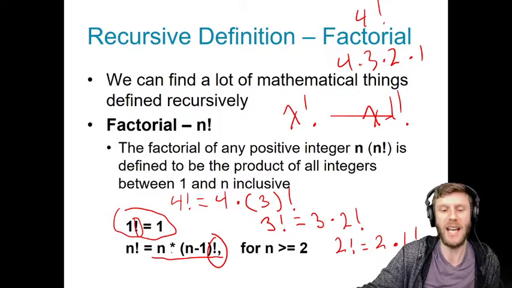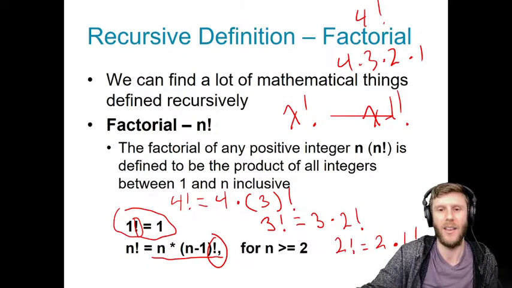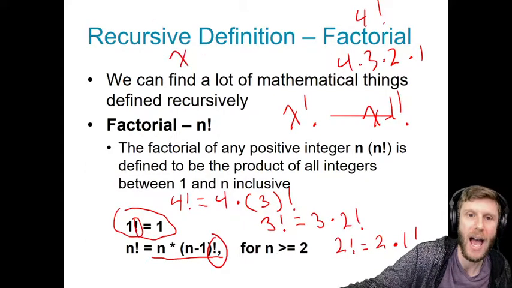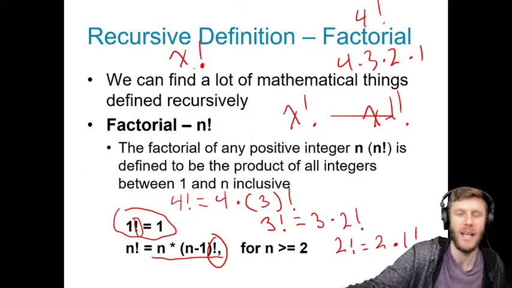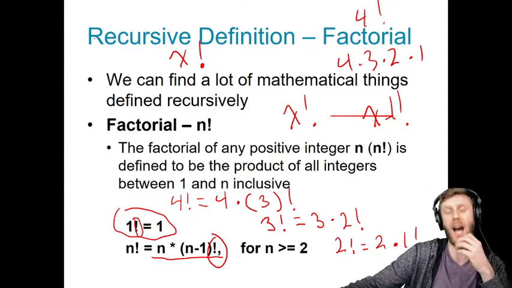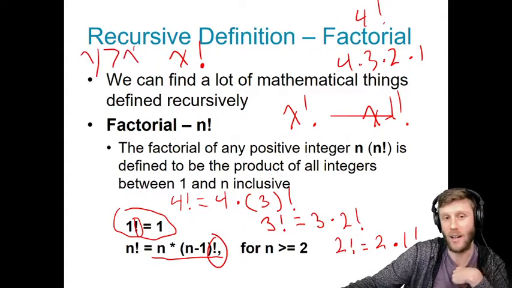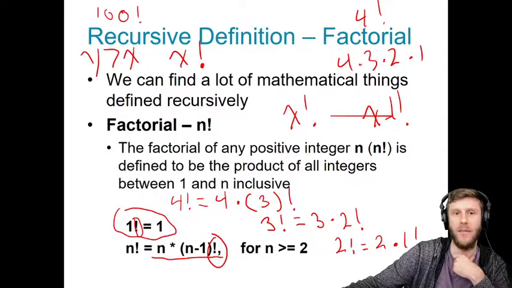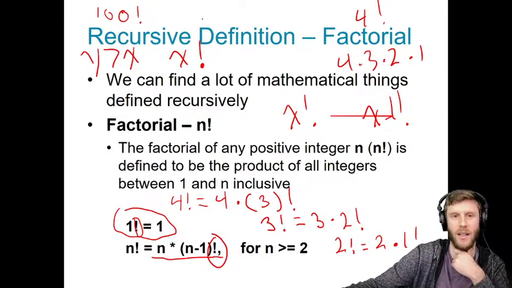But you'll notice that x factorial is something we have to answer for any number, for any y greater than x. I don't care if you're asking what a billion or 100 factorial is.